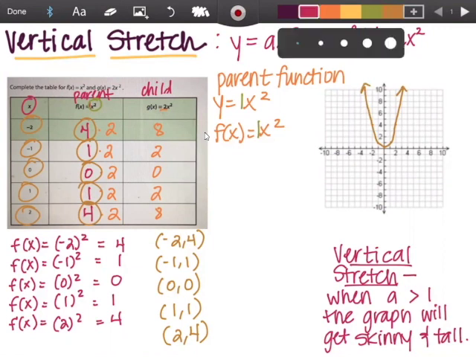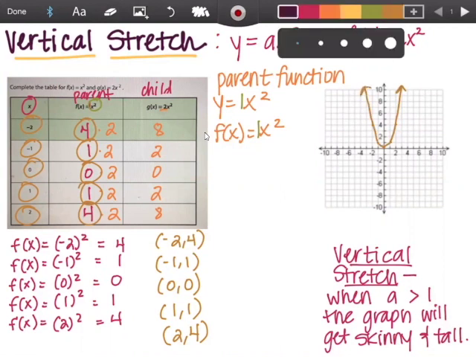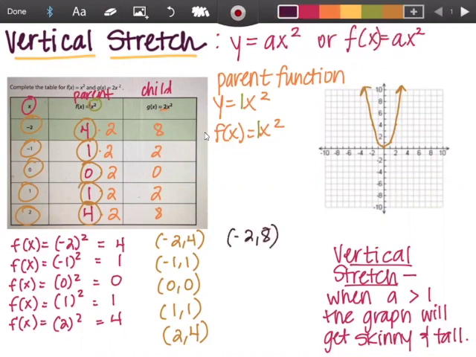Now, let's look at our child function. Sorry, I didn't mean to erase that. All right, so our child function ordered pairs are going to be negative 2 comma 8, negative 1 comma 2, 0 comma 0, 1 comma 2, and 2 comma 8.